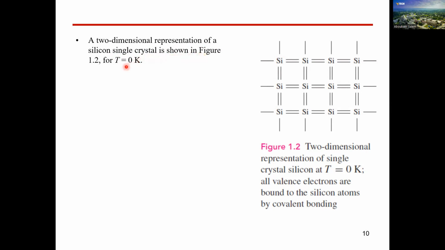And this is at T equals 0 Kelvin. 0 Kelvin means you don't have any energy in the silicon now. So no energy is applied to this silicon crystal. Each line between atoms represents a valence electron. So we said the line here represents one electron, and this is called valence electron.